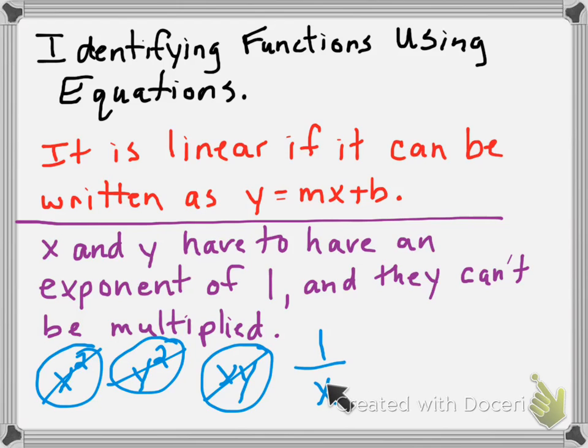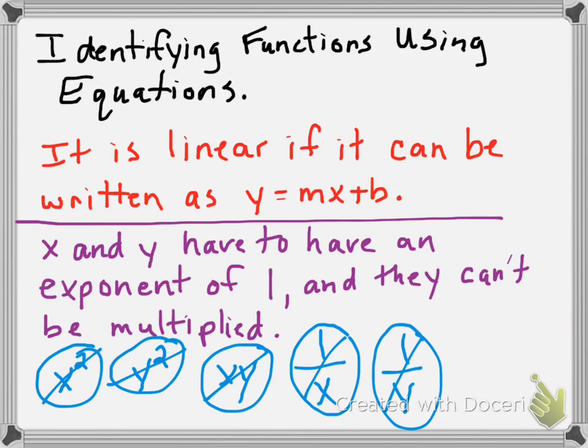But it's in the denominator. So what does that really mean? It really means it's x to the negative 1. So that's not an exponent of 1. If you see an x in the denominator, nonlinear. And the same thing for the y. The y cannot be in the denominator either because that means it has an exponent of negative 1.